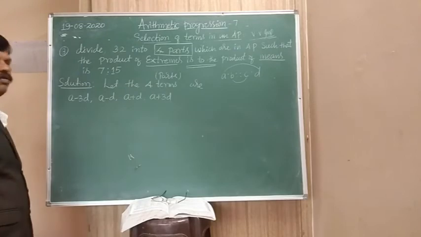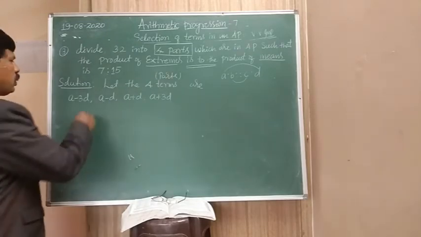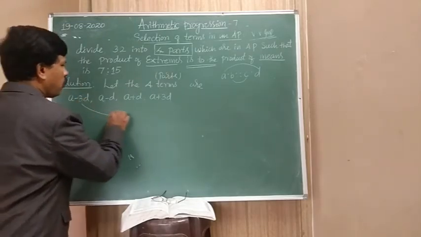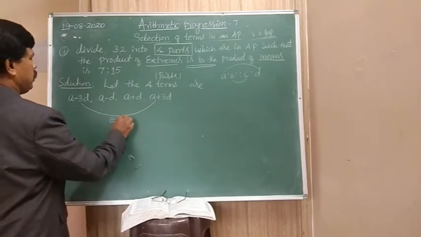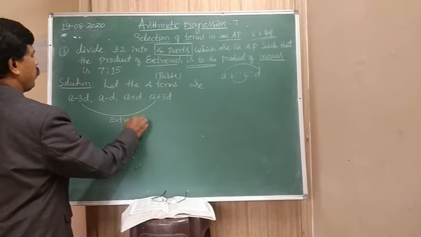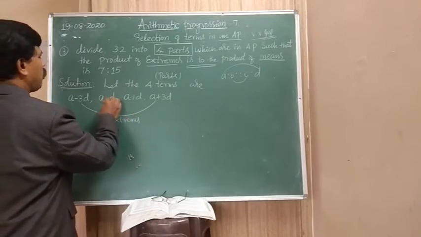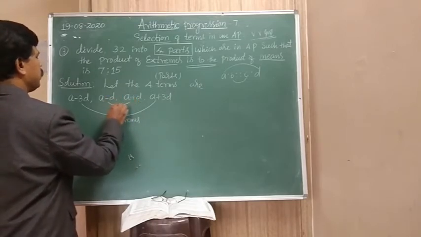So these are the 4 terms. In these 4 terms, these two are called extremes. Look at this. These two are called extremes, and these two are called means.